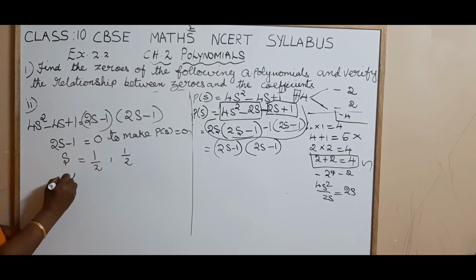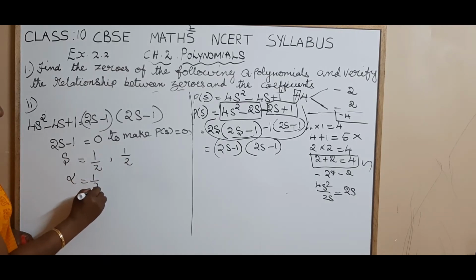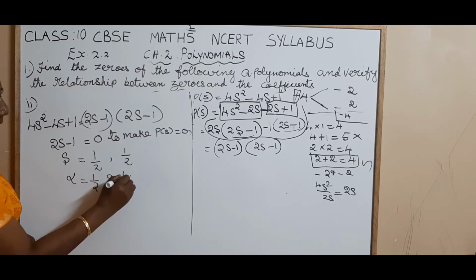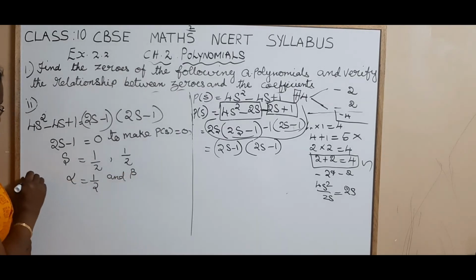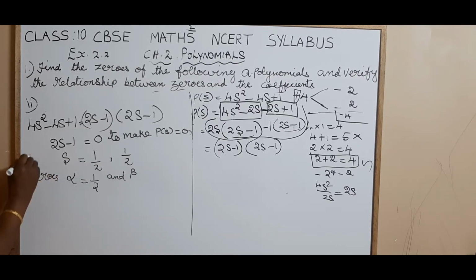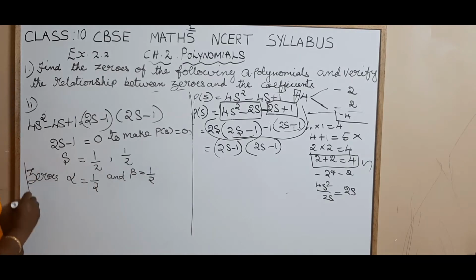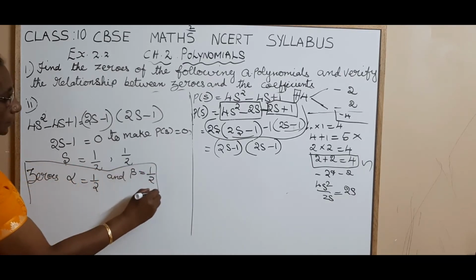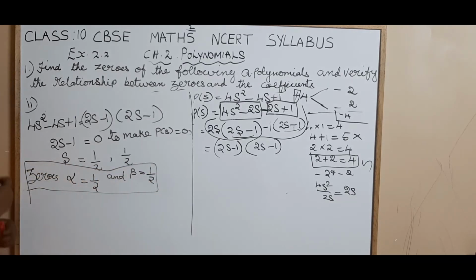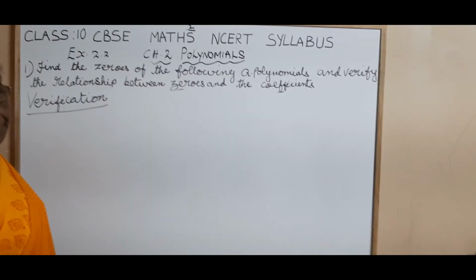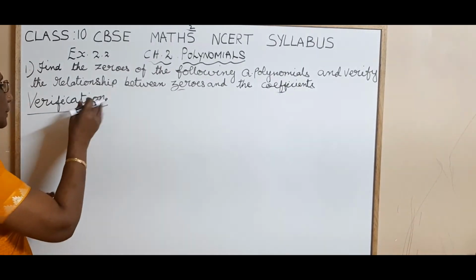That is alpha is equal to half and beta is equal to half. You have to write the zeros because it is asked in the question. Okay children, so you have calculated the answer for the first question. Now we will go for verification.